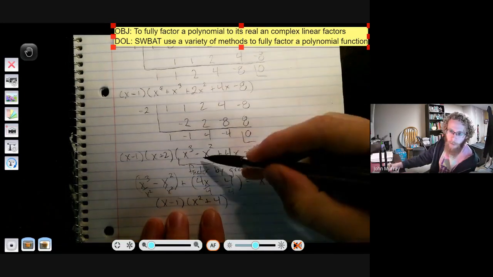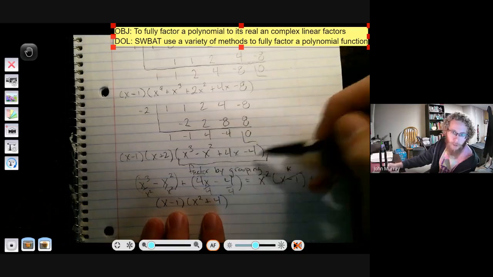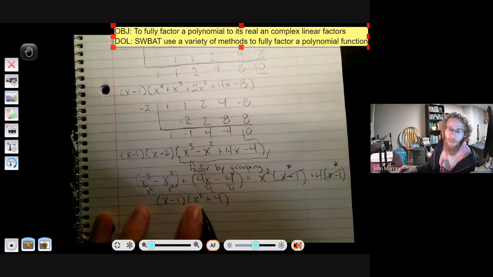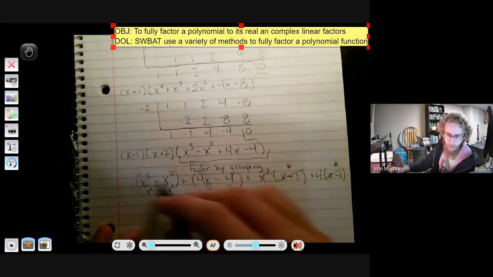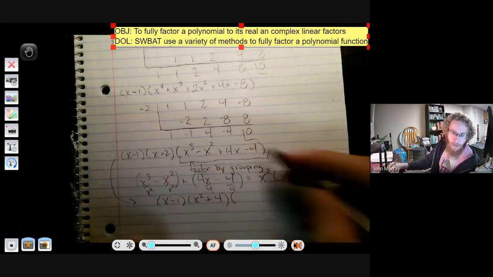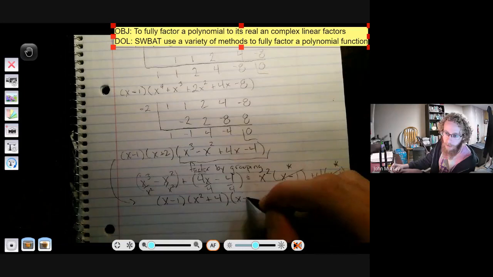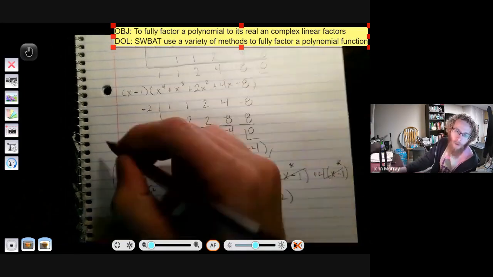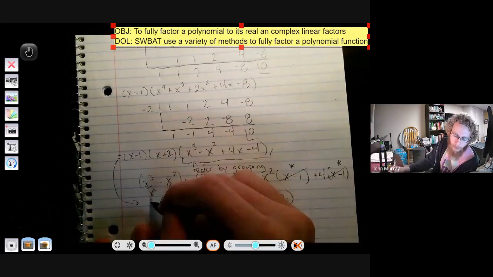So this part, x cubed minus x squared plus 4x minus 4, became x minus 1 times x squared plus 4. So I'm just going to tag these on as all of our factors, okay?